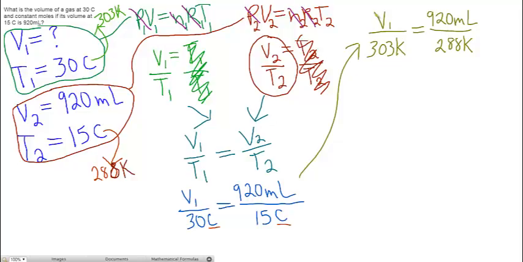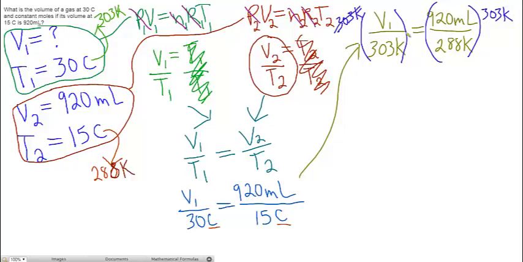My goal now is to get the V1, the unknown, on one side of the equation alone. Right now it has the 303 Kelvin with it on that side of the equation. To counter that, I'm going to move this over by multiplying both sides by 303 Kelvin.